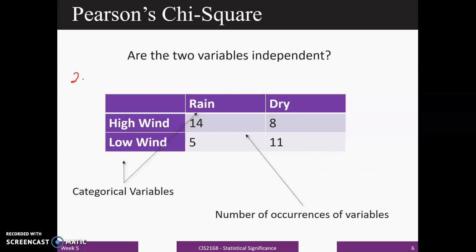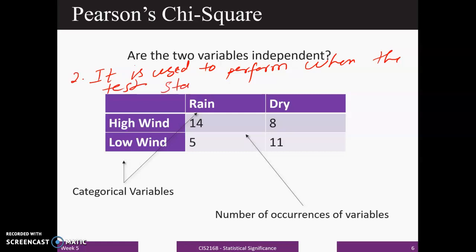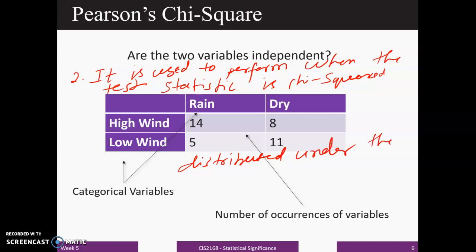Second point is, point number 2, it is used to perform when the test statistics is chi-square distributed under the H0.